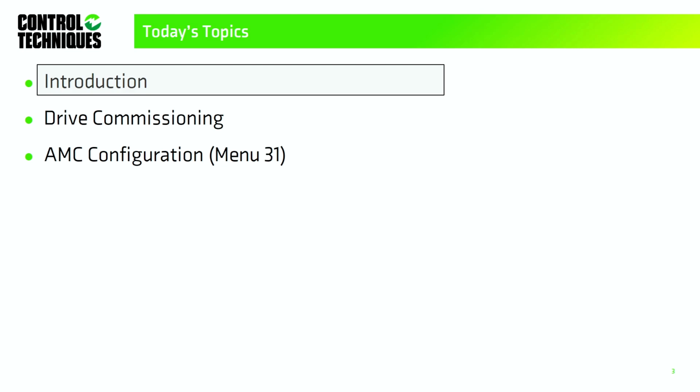It's important to note that in order to use the AMC, the drive has to be commissioned first. So that's what we're going to do today. And we're going to finish up today with looking at the configuration menu for the AMC, which is menu 31.